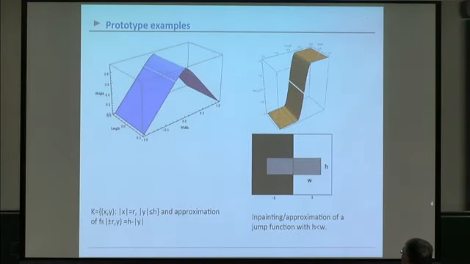All right. So this is another prototype of what I mean by explicitly calculated. In this case, my set K is just these two line segments, and the sampled function are two of this.